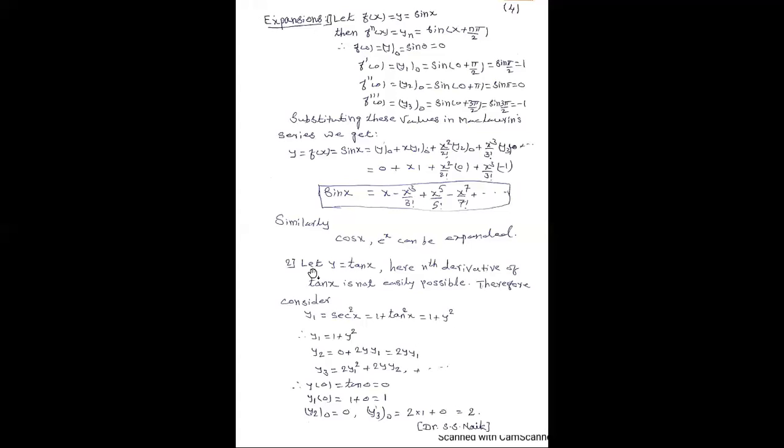Then the next one, for example, we'll see a typical problem where you are having y is equal to tan x. Here, the nth derivative of tan x is not easily possible. Yn is not possible. So therefore, what we do, we'll go for finding y1. y1 is dy by dx. If y is equal to tan x, then dy by dx is equal to secant square x.